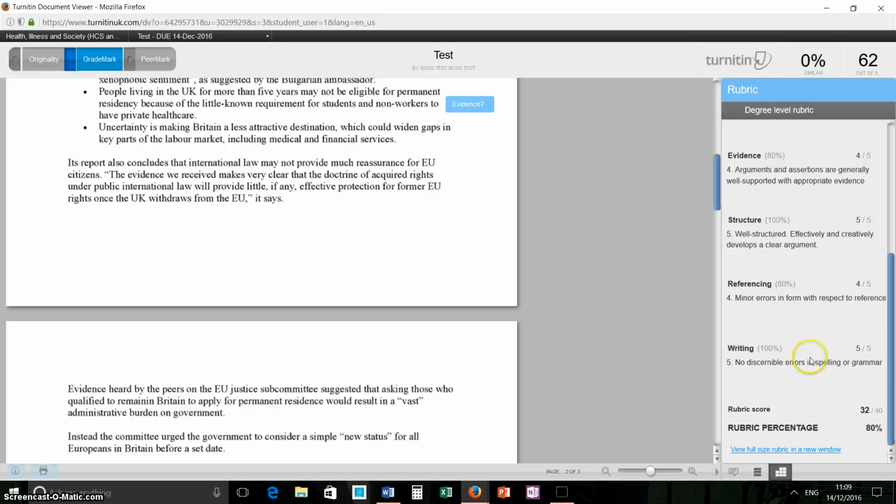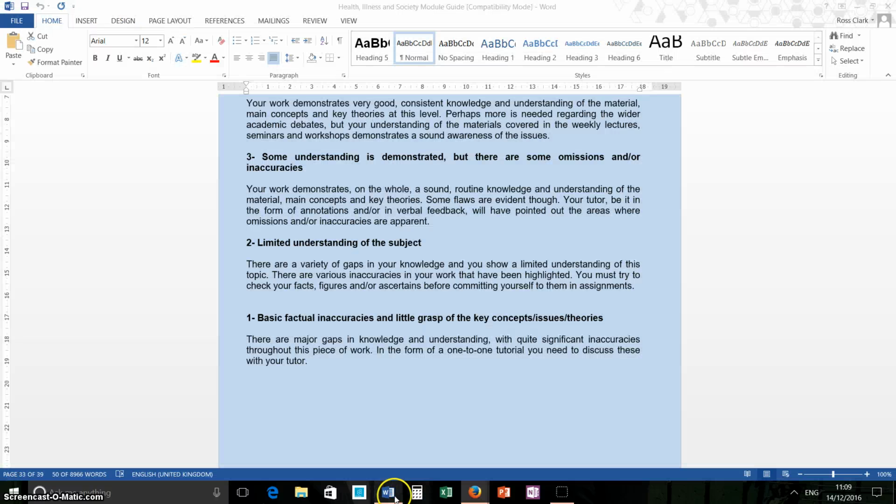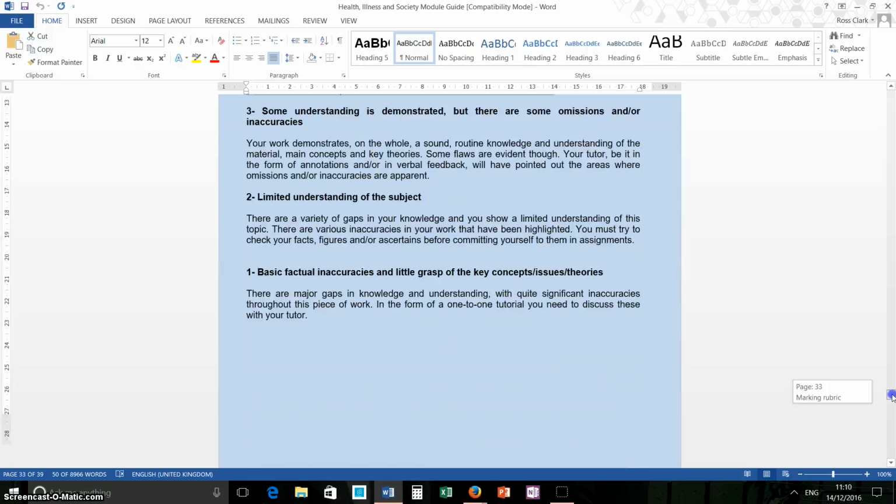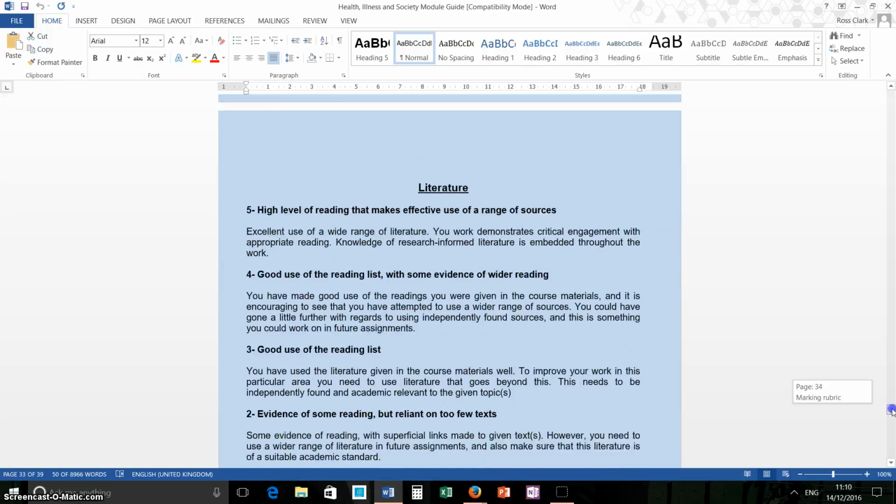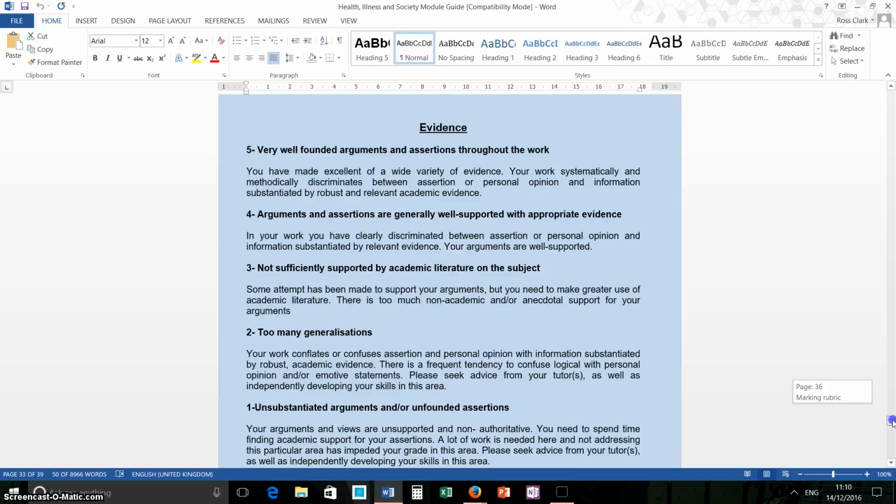And I can't emphasise enough, any reference to percentages here, ignore them. Okay, that is the only number, as it were, the only percentage that counts. And then for each one of these areas, if you go to your module handbook, it gives you additional explanations on all the various areas from pages 32 to 39.